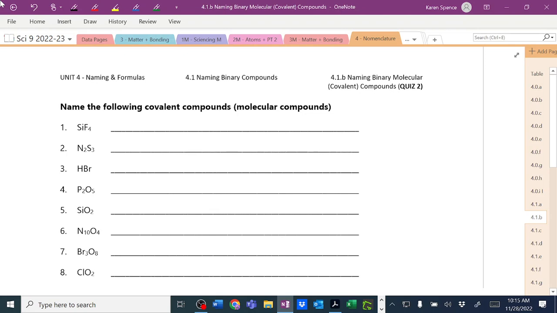So you would say, I have silicon, I just have one of them, so I just say silicon. And I have 4 fluorine, so I would say tetrafluoride. I don't say monosilicon because we don't put mono on the first word. Okay, so take a look through those and come tomorrow ready to write those 2 quizzes, okay?